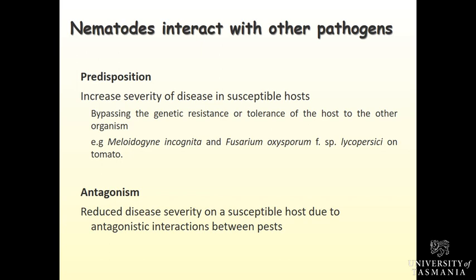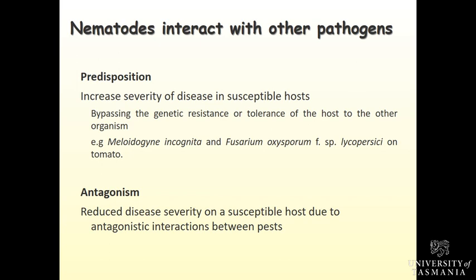It might be that the actual feeding damage of the nematode provides an entry point and allows penetration of that plant by another pathogen. They might also interfere with the host defences, and in doing that make the plant more susceptible to another pathogen.